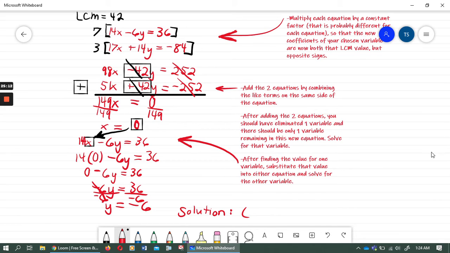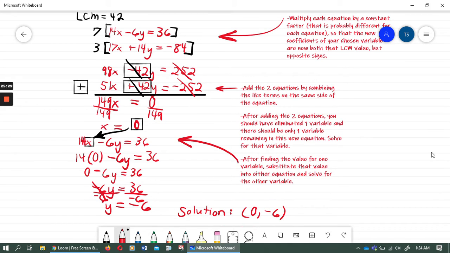All right, so that ordered pair is (0, -6). And that's the way the cookie crumbles right there.